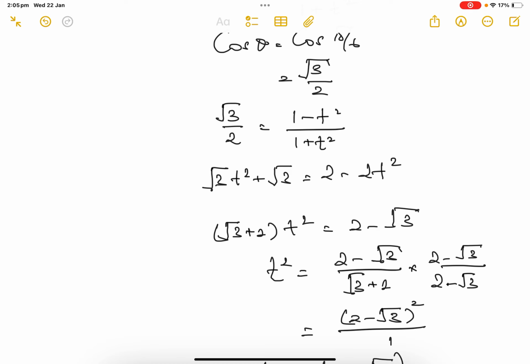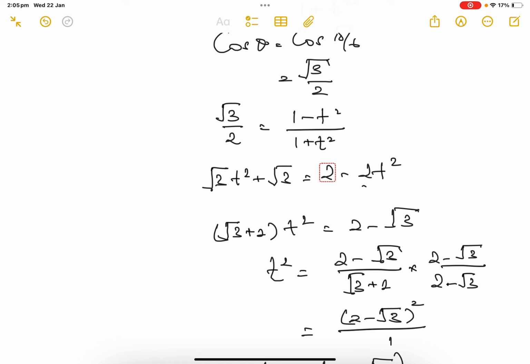1 times 2 is 2, minus 2 times t squared is minus 2t squared. If you bring that t squared to the left hand side, we already have root 3 t squared. If you bring the minus 2t squared to the left hand side, it becomes plus. So root 3 plus 2 times t squared.